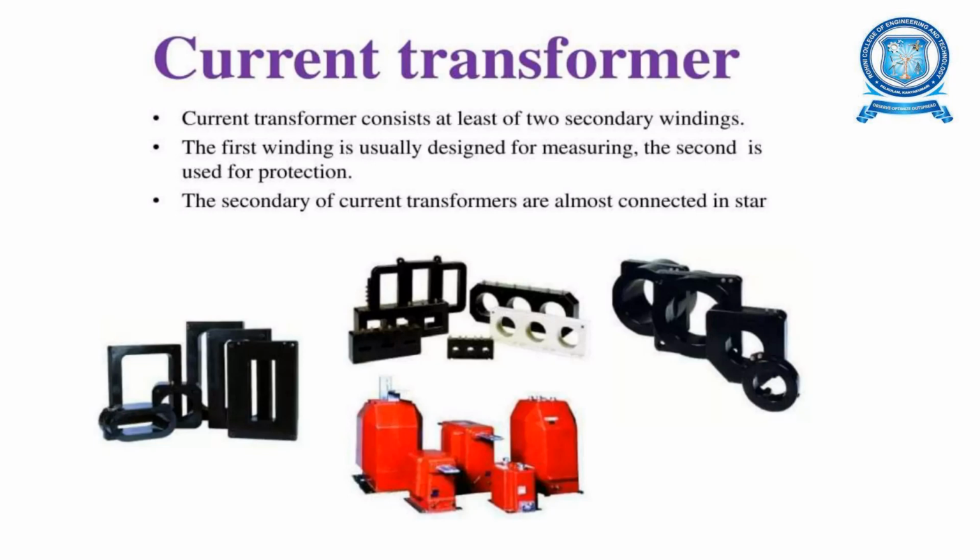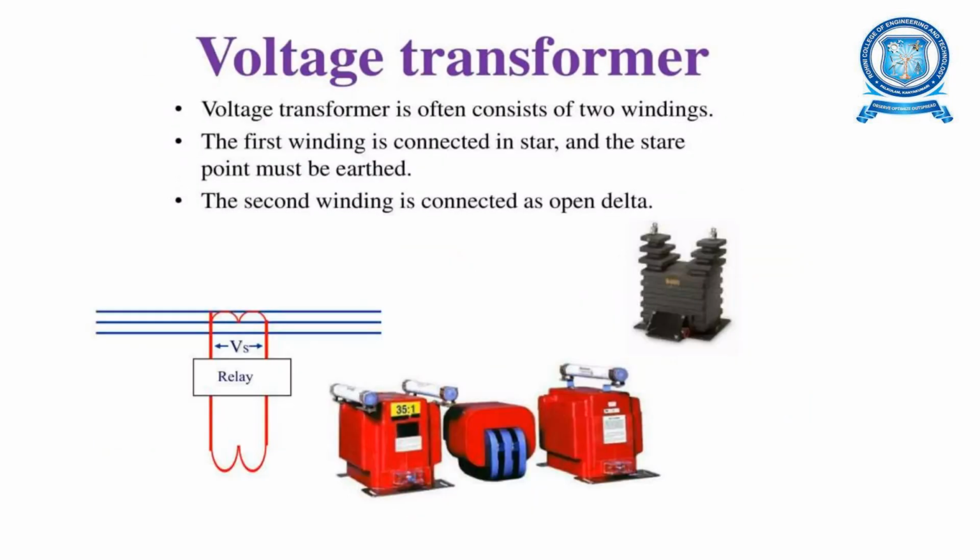The secondary of the current transformer is usually star connected. Here in the diagram you can see the current transformer, and this is the voltage transformer, which consists of two windings. The first is star connected, and the star point must be earthed. The second winding is connected in open delta connection.